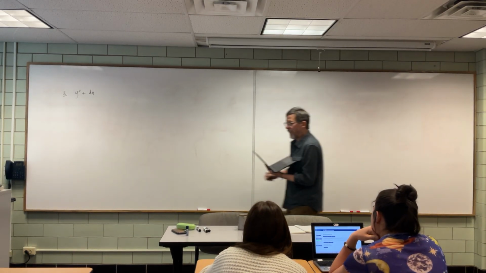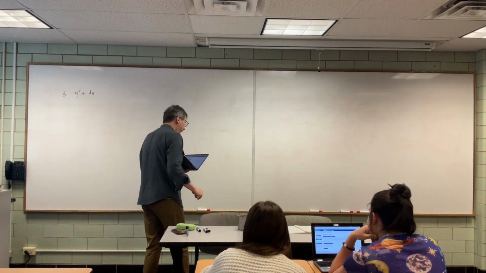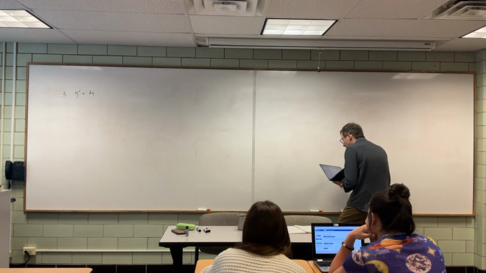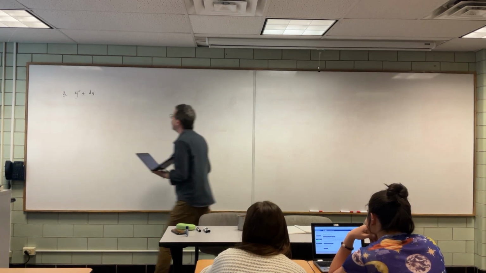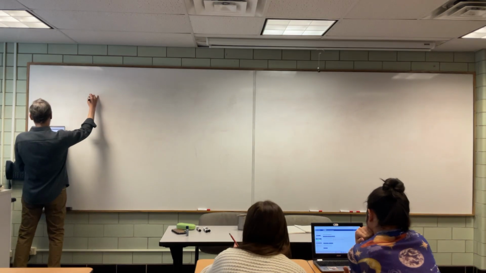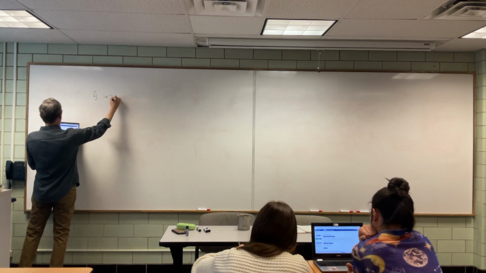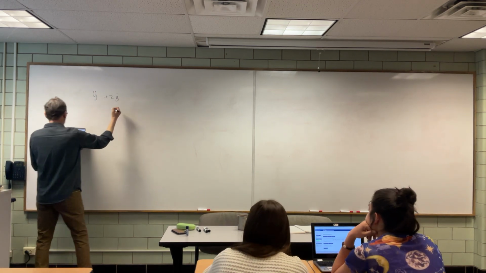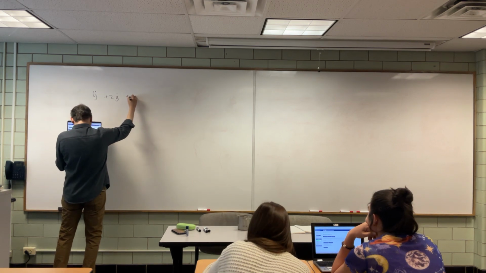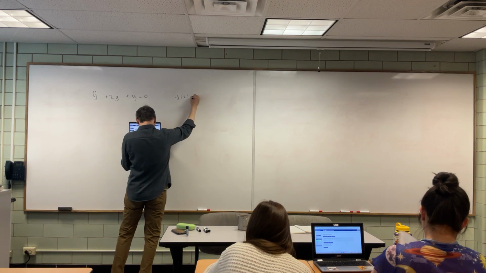I would just say second derivative of y with respect to t. We could write d squared y dt squared as y double dot, and then plus twice the first derivative of y plus 1y equals 0. And then we've got some initial conditions.